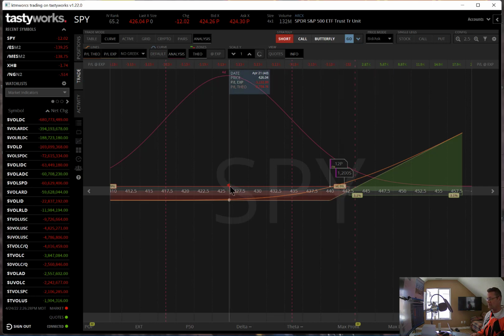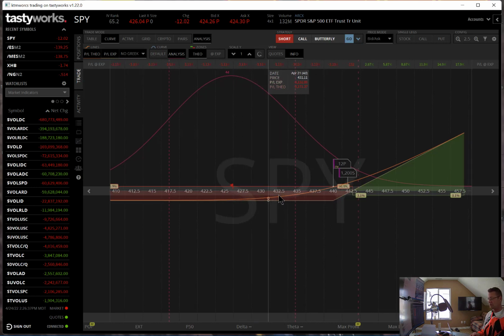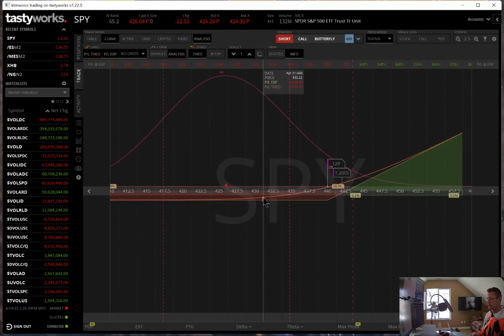But it does exist there, and there is the potential that you could get a move. You could look at the orange line, which is the theoretical profit and loss prior to expiration on Monday's afternoon session close. We actually have the ability to maybe even lower our max loss on this trade a little bit, even if we didn't get back into the money. Again, don't expect that would happen, but that is the potential.